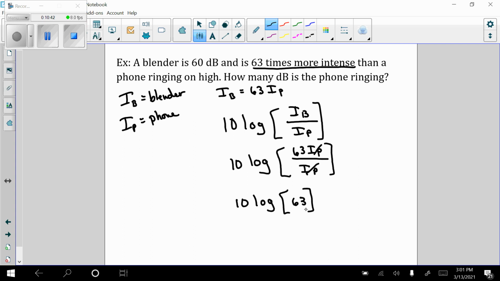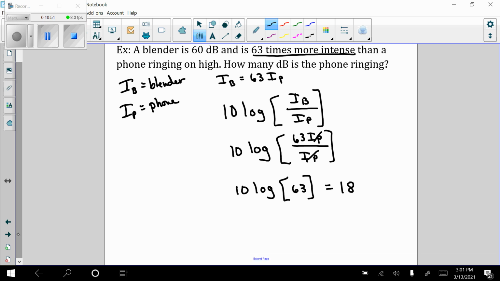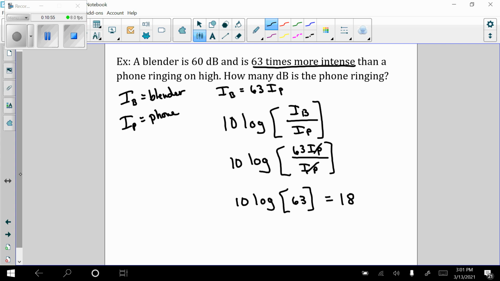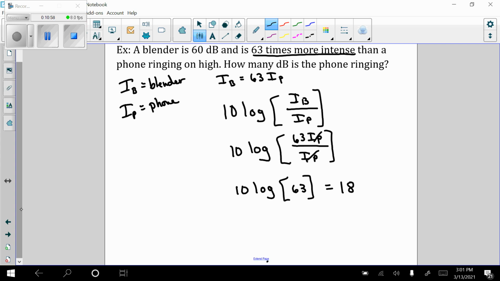So if I do 10 log 63, I get 18. So remember, that's the difference. Like I did on the previous examples, I just calculated the difference between the decibel levels. So I know my blender minus 18 is equal to my phone. So just a little bit of a twist on what we did in the last two examples.